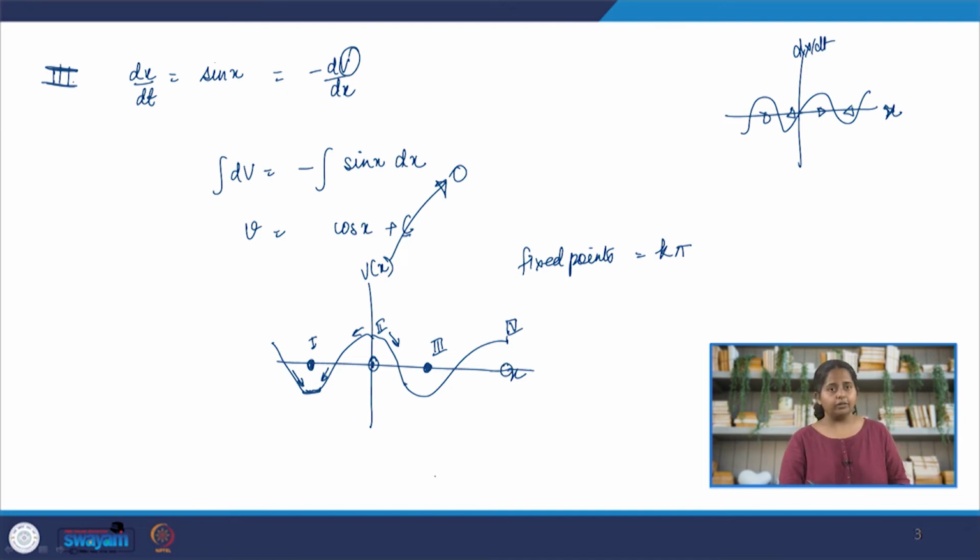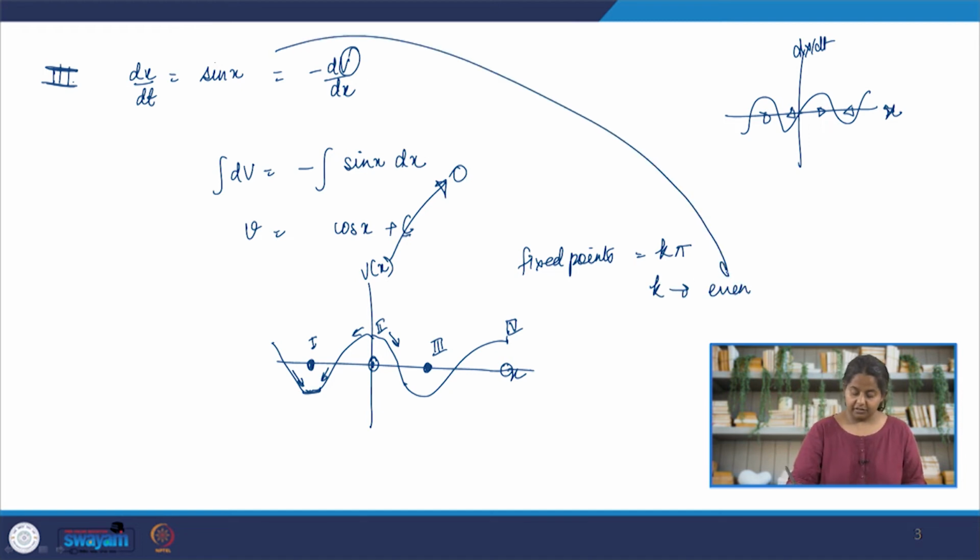So we already know that for k being even, because 0 is also included in this, this particular function will have fixed points that are unstable.